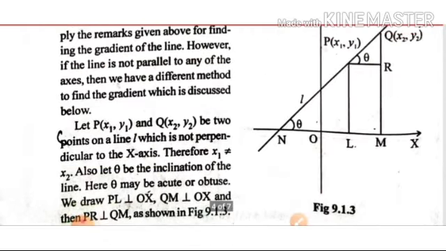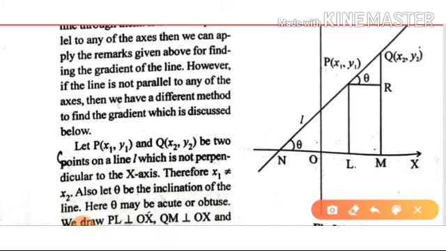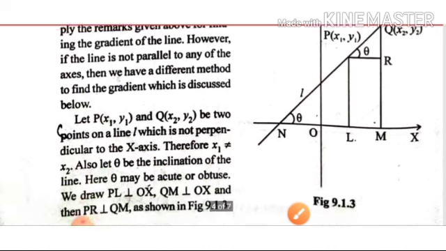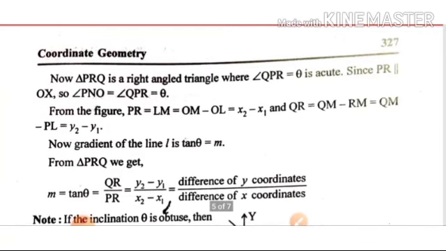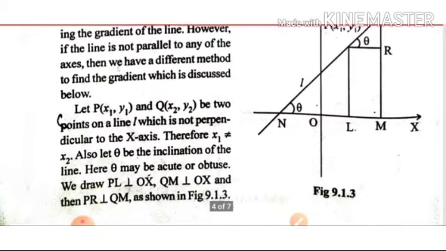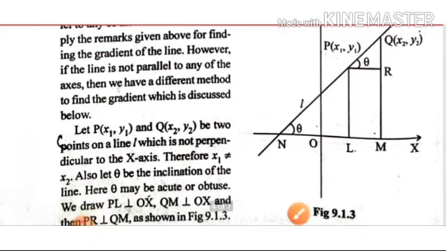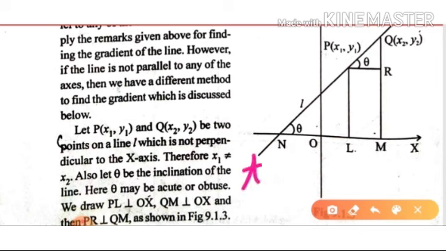Now see, here QPR is an acute angle. So we can use the trigonometric formula for tan theta. Tan theta is P by B, perpendicular by base.